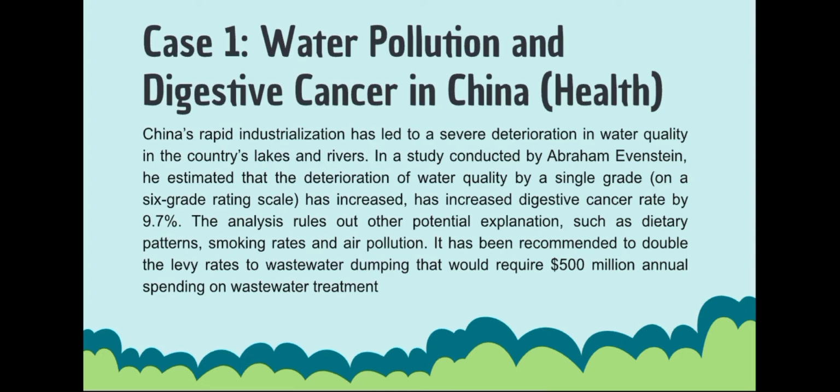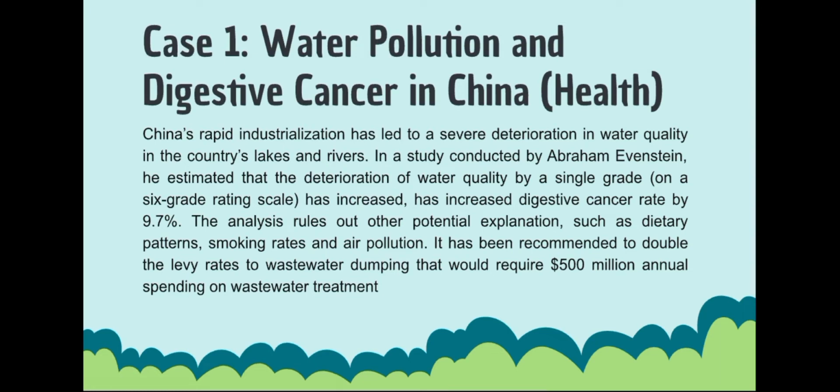China's rapid industrialization has led to a severe deterioration in water quality in the country's lakes and rivers. In a study conducted by Avraham Ebenstein, he estimated that the deterioration of water quality by a single grade on a 6 grade rating scale has increased the digestive cancer rate by 9.7%.